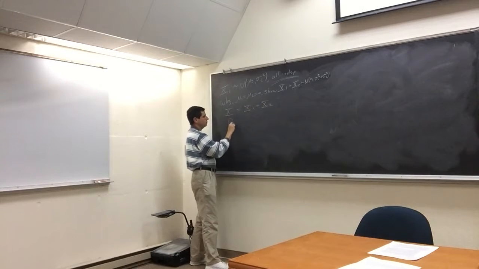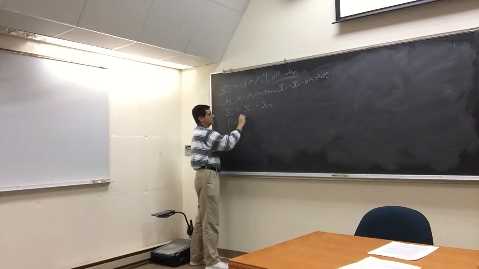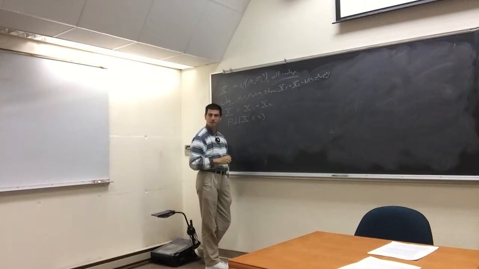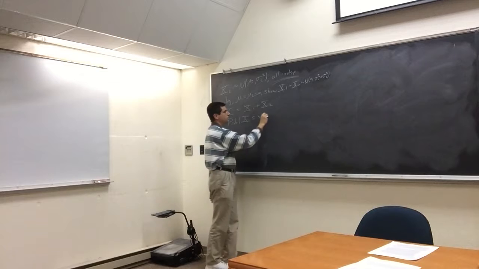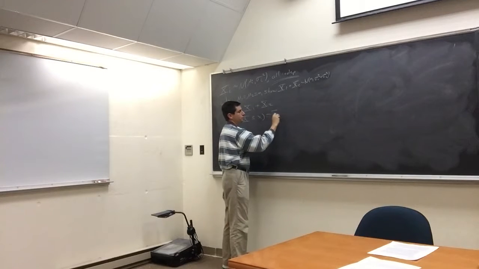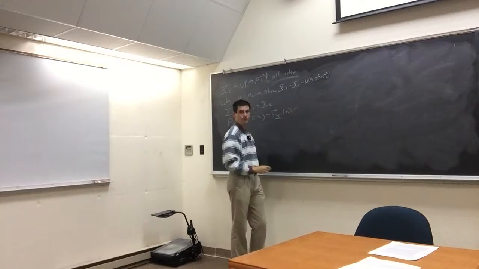So you could do the probability that big X is less than or equal to little x. And this is going to be the cumulative distribution function of x. This is a nice way to review.